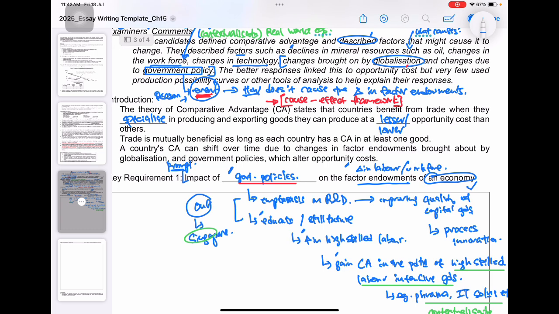Okay, so this is actually my intro to talk about what is meant by theory of CA. Then later on, trade is mutually beneficial so long as a country has a CA in at least one good. Okay, so it could be a case that a country has absolute advantage, then the country with lesser quality in their factor endowment is not so good.